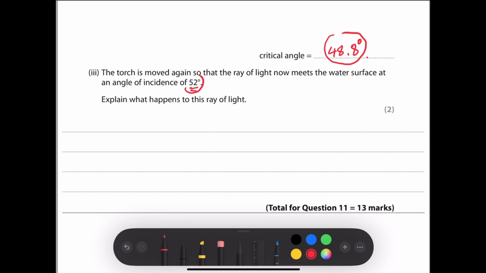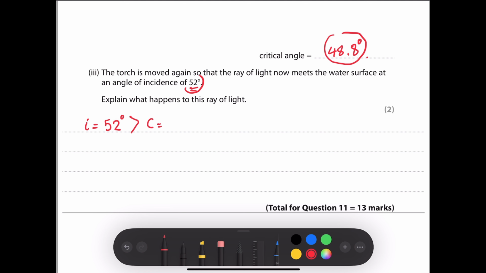Tell the examiner that the 52 degrees as an angle of incidence here is more than the critical angle 48.8. So 52 is more than 48.8.